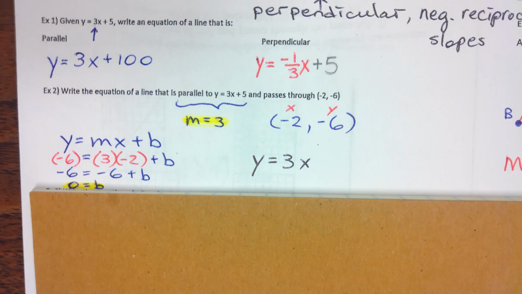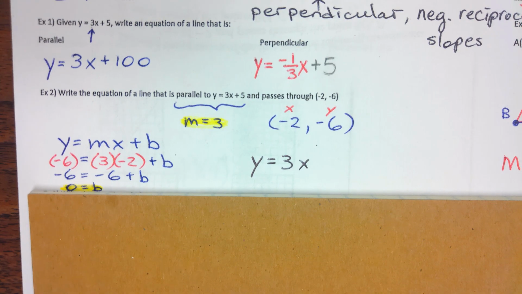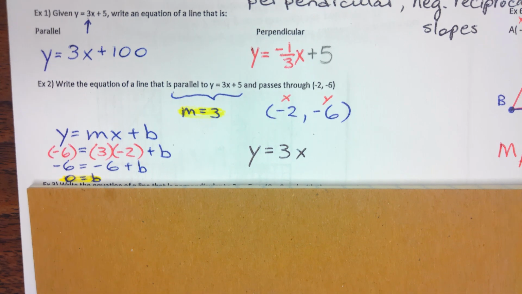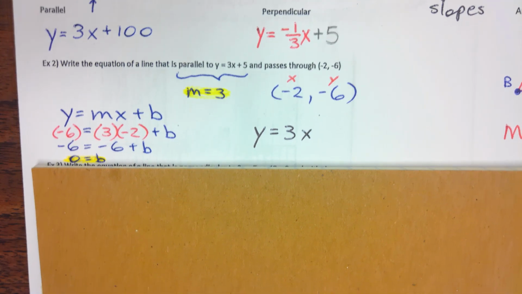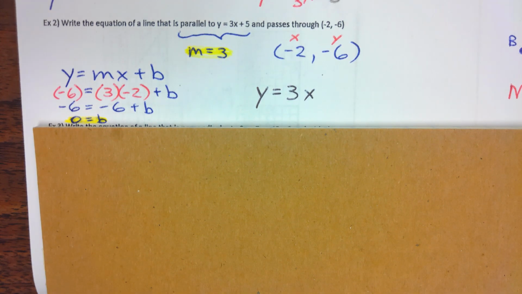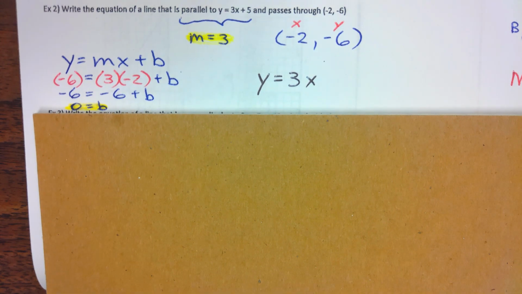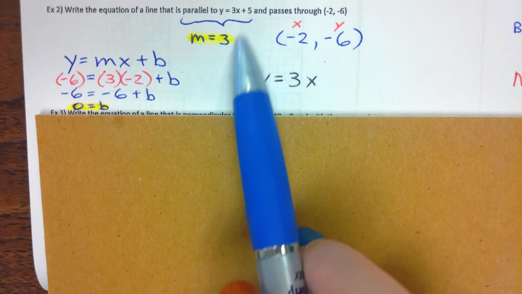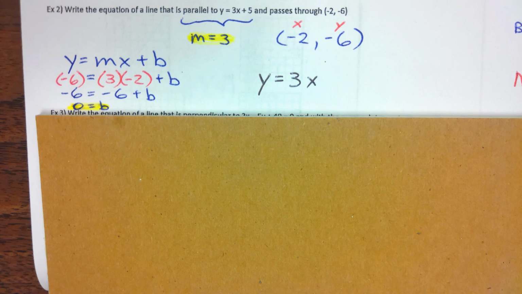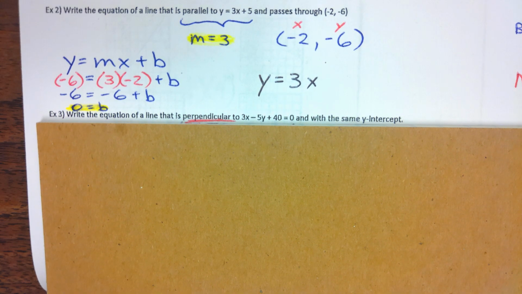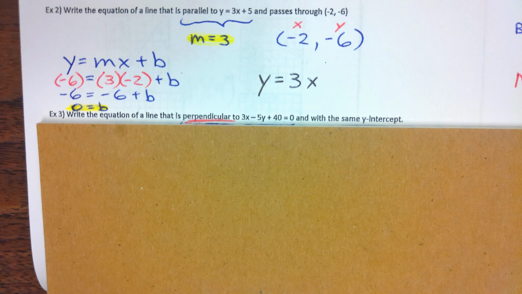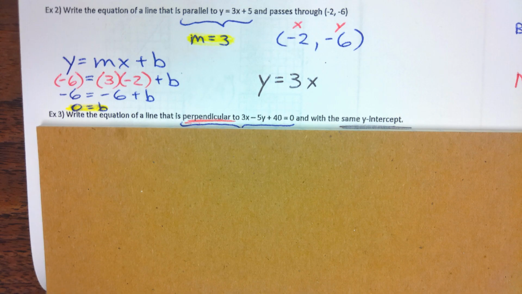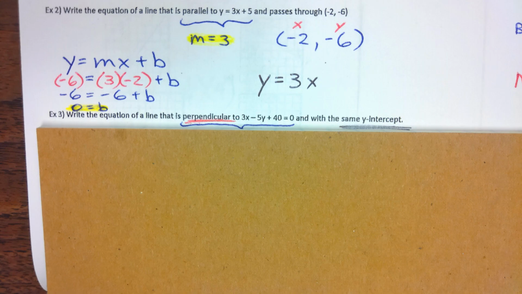Okay, so you see how this relates to what we did yesterday? So instead of just telling you my slope is 3, you had to figure that part out. Okay. Next part. Write the equation of a line that is perpendicular to this and with the same y-intercept.